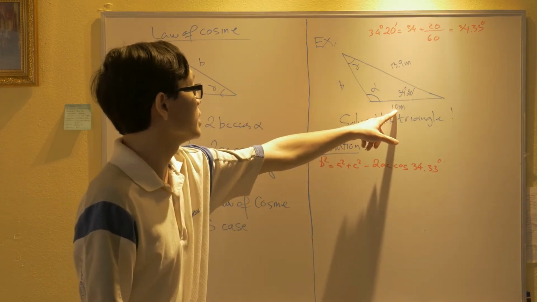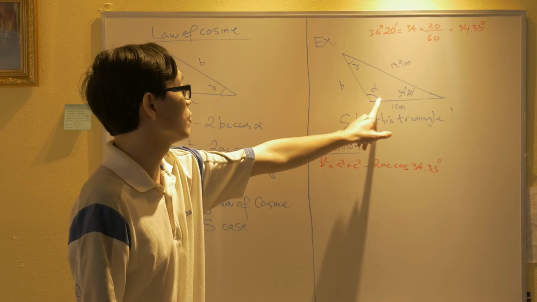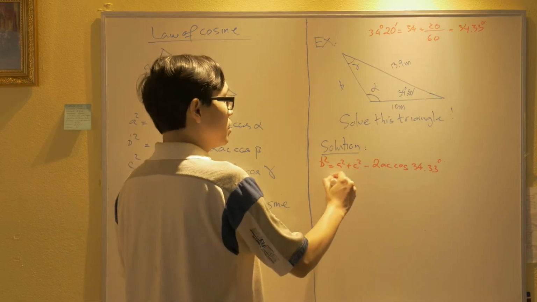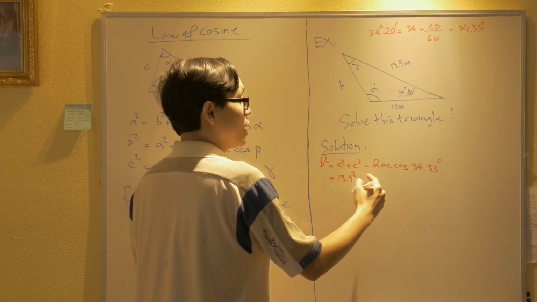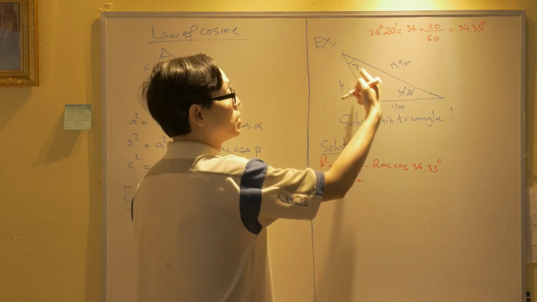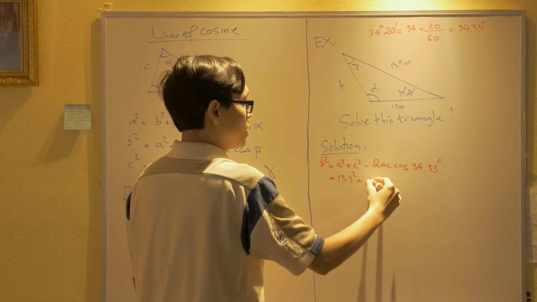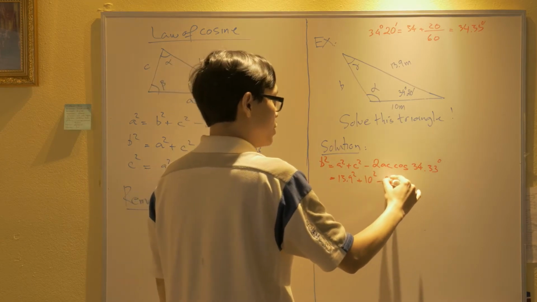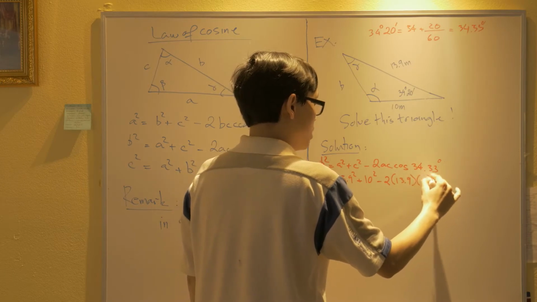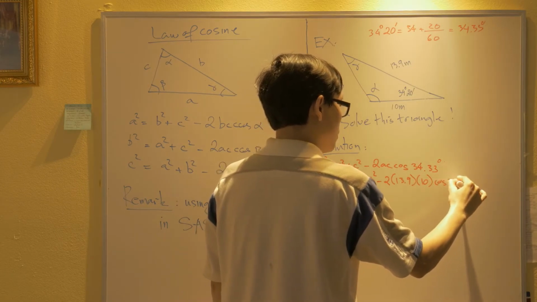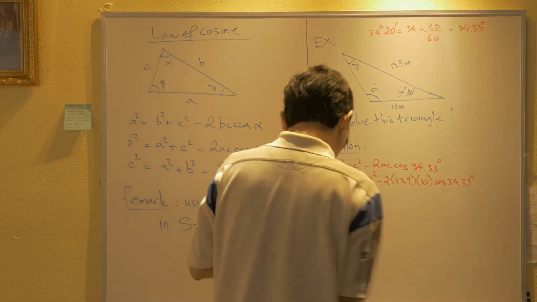We already have a, the side opposite alpha. So 13.9 squared plus, c is the side opposite gamma, which is 10 squared, minus 2 times 13.9 times 10 times cosine 34.33 degrees.